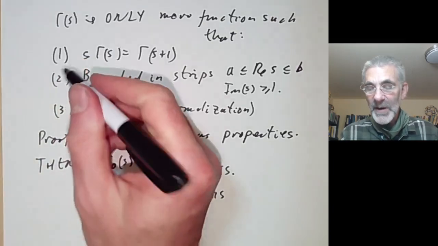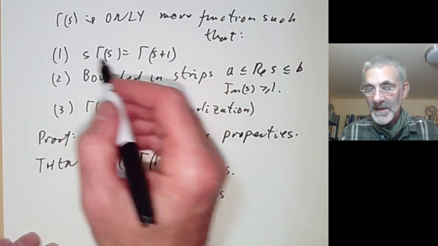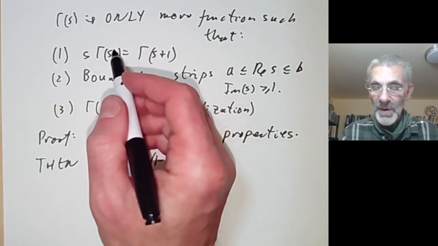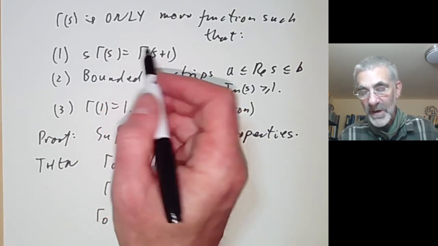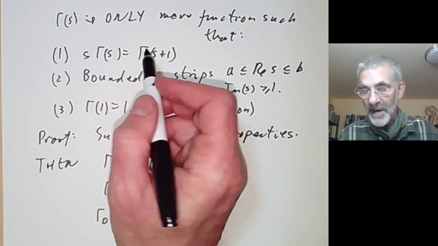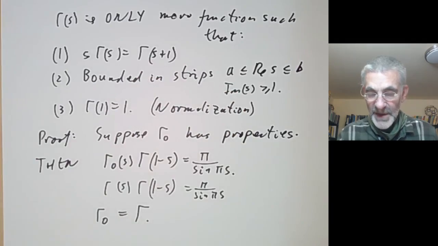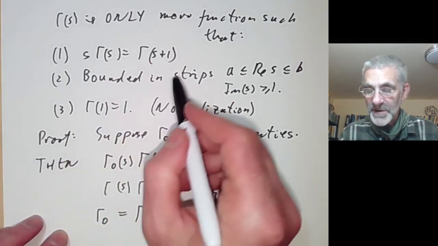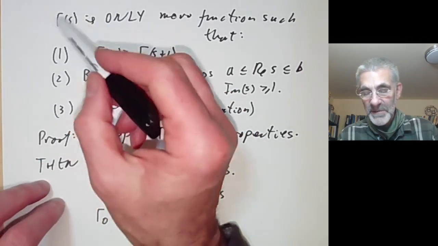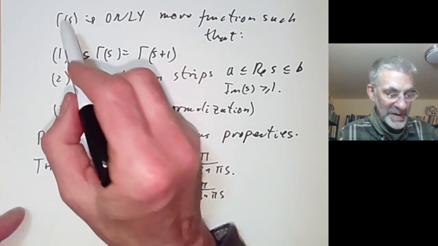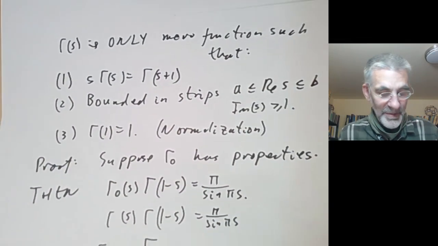Of course, we can find lots of other functions that satisfy this property. We can just multiply gamma by any function with period 1, and it will still satisfy this equation. So there are huge numbers of functions that aren't bounded in vertical strips, but gamma of s is the smallest possibility.